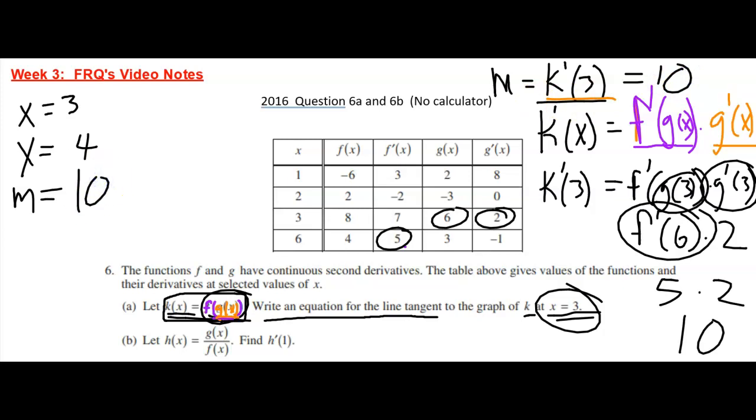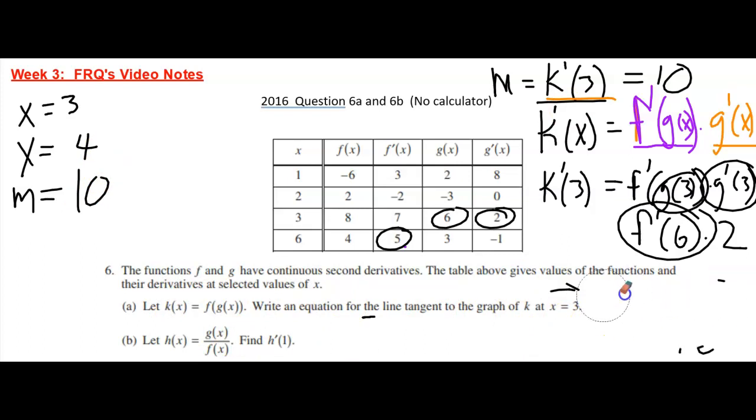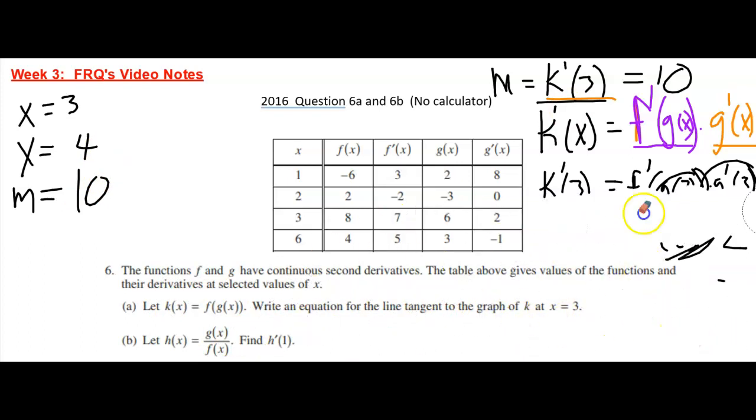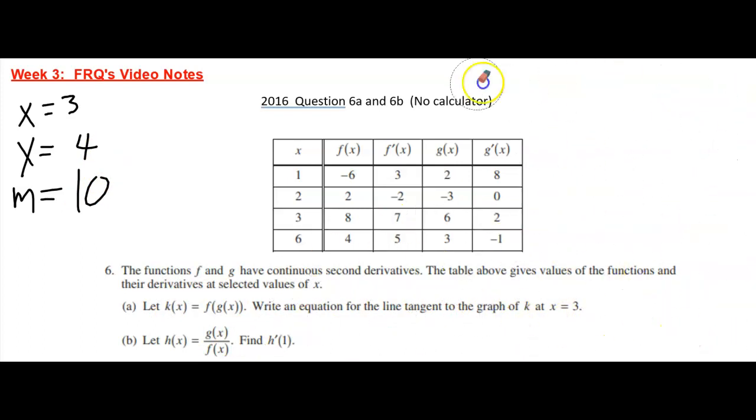So I've got my x, I've got my y, and I have my slope. I'm ready to go ahead and answer the question finally. I'm ready to write out my tangent line. y equals m times x minus my x1 plus my y1, which is 4.